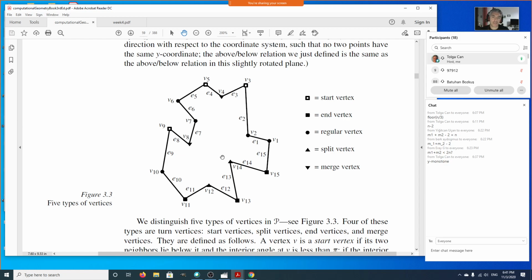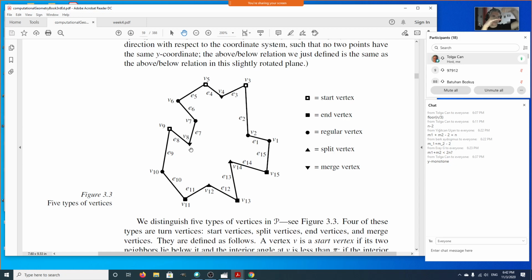Let's first start with the simplest one, a regular vertex. It's a vertex in which one of the neighbors is above, the other is below. So in other words, when you're going through a regular vertex, monotonicity is not broken. One of your neighbors is above you, the other is below you.